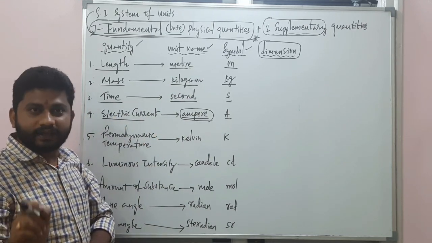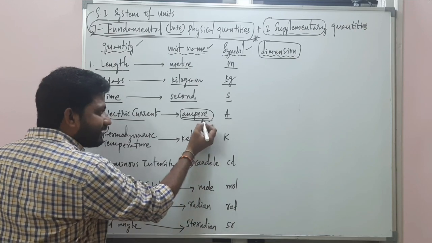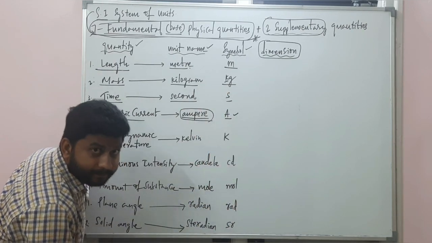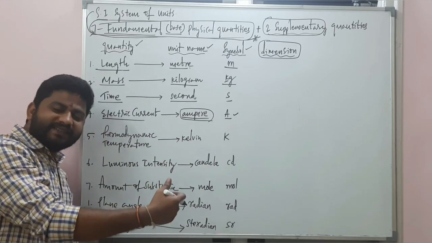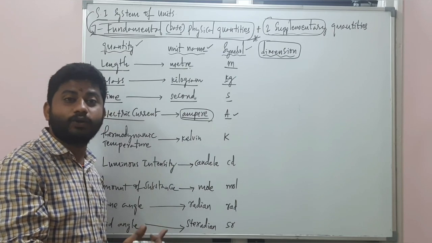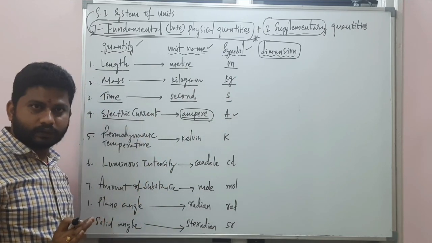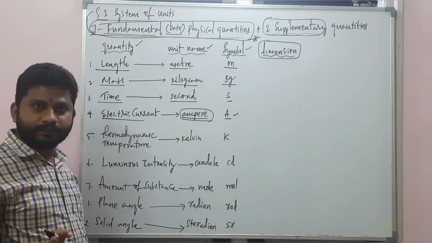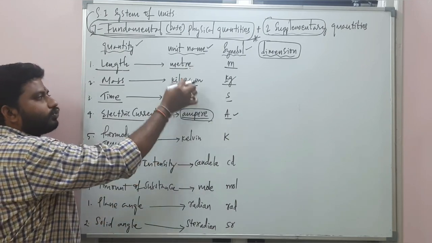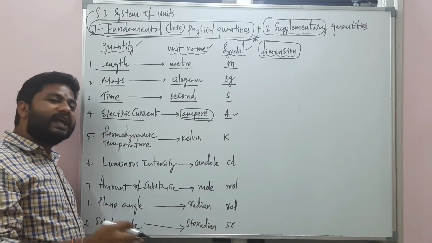Understand? Clear? Now, as it is the name of a scientist, the symbol is capital A. And we will be discussing the rules of writing units, rules of mentioning units, just after finishing this. Wait for a while. Only focus on small letters and capital letters in the unit names and the symbols.